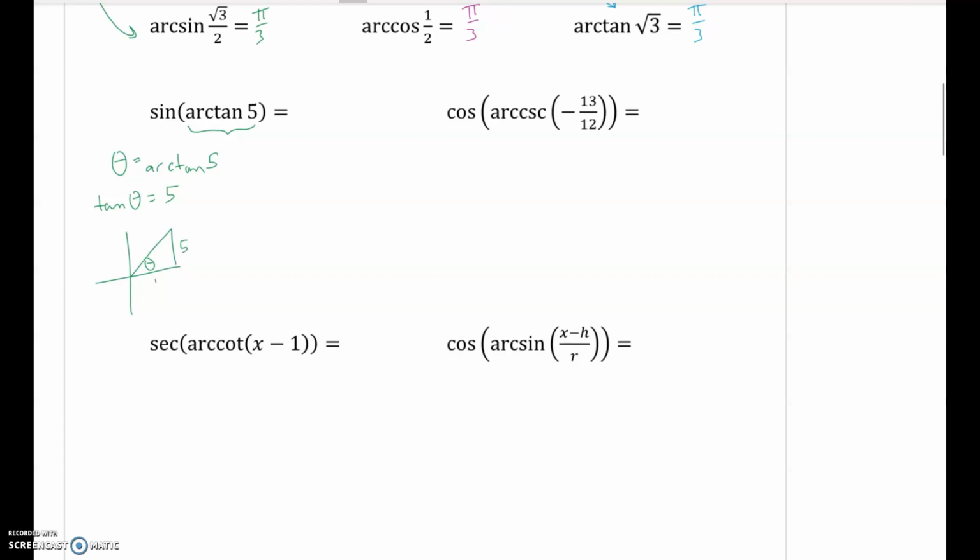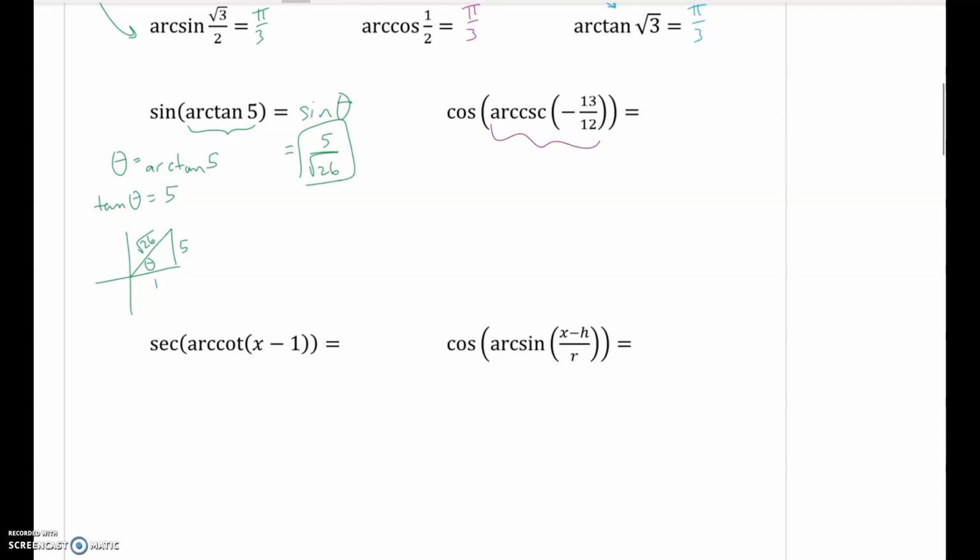So I'll put a 5 here and a 1 here. Pythagorean Theorem tells us that this hypotenuse is square root of 26. So taking the sine of the arctan of 5 is the same as taking the sine of theta. I've got a triangle right here that tells me how to do it. We get 5 on the top and root 26 on the bottom, and we're done. Unless you feel like rationalizing.